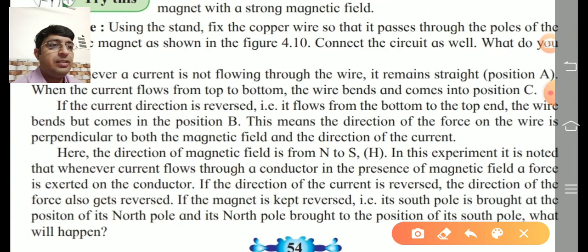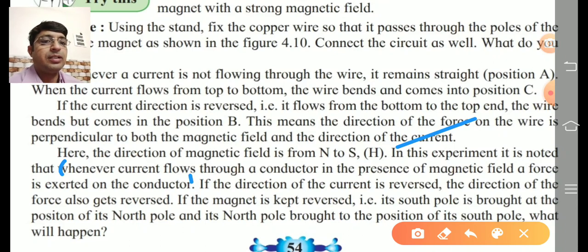What we are getting from this experiment, it is noted, you mark that line starting from here: whenever current flows through a conductor in the presence of a magnetic field, a force is exerted on the conductor, up to this. You make a bracket or an underline. Clear?